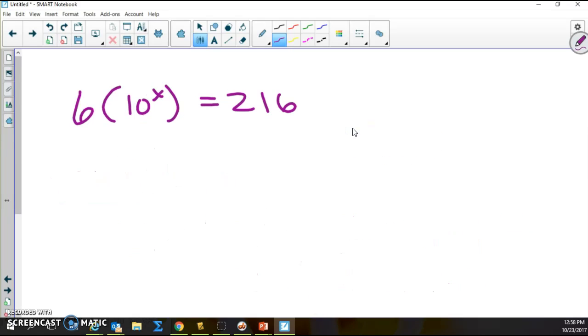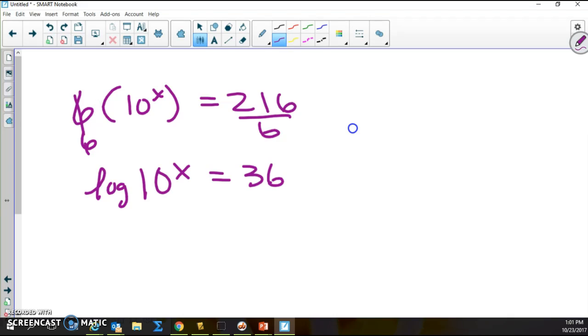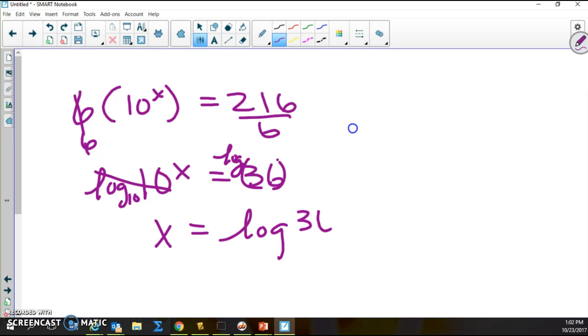So problem 33 on page 217 gives us 6 times 10 to the x is equal to 216. We understand we're going to get rid of that 6, get things a little simpler. 10 to the x is equal to 36. So if we take the log of both sides, log of 10 to the x, inverse again, we end up getting x, and the log of 36.